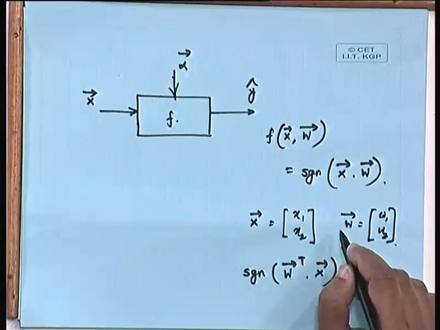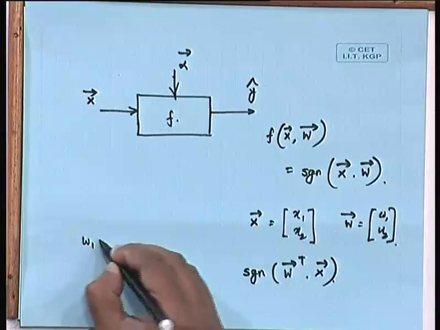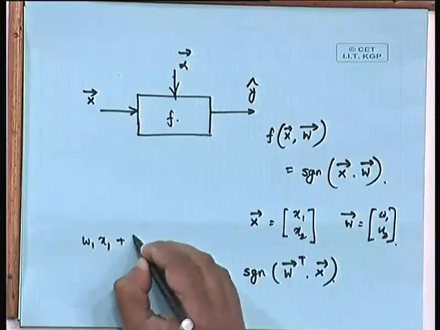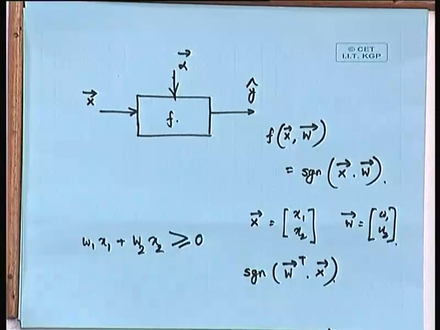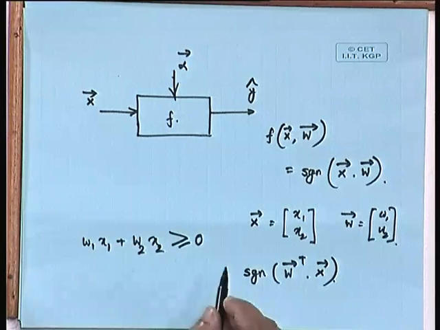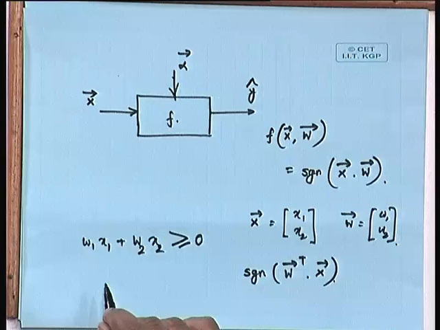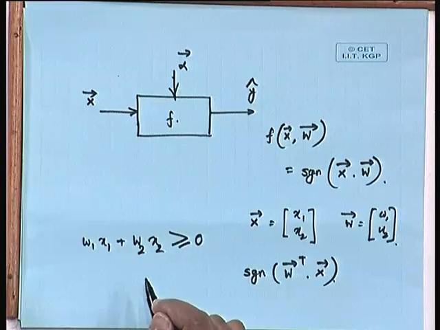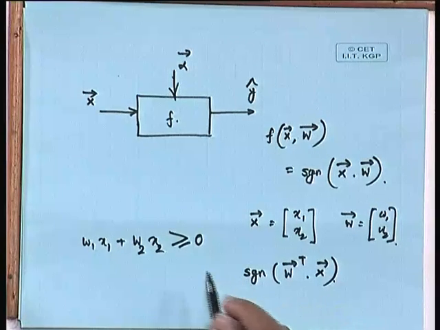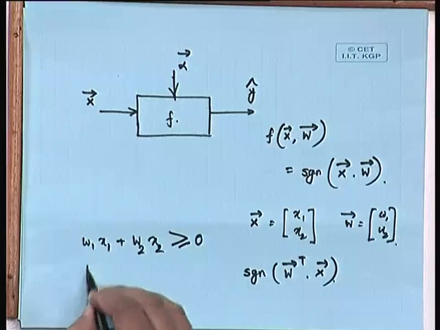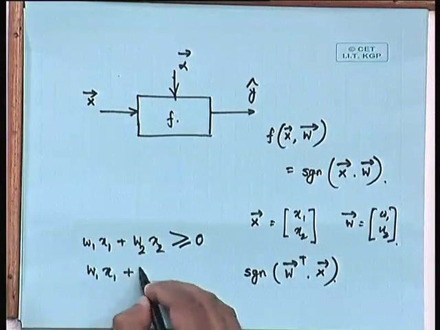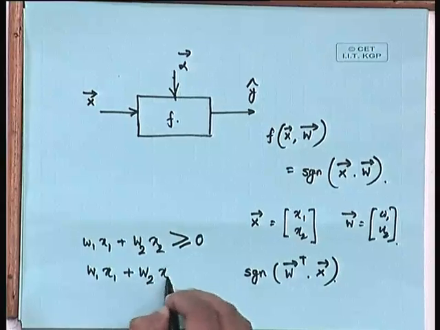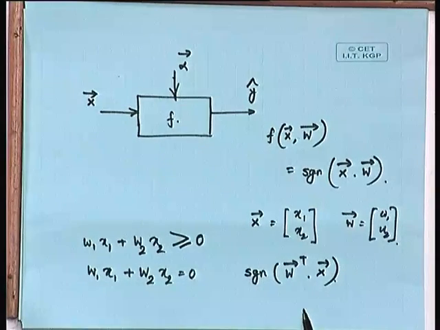Again here the decision boundary will be such that for w1 x1 plus w2 x2 greater than or equal to 0, the patterns will be classified as +1, and otherwise the patterns will be classified as -1. So the decision boundary is the equation w1 x1 plus w2 x2 is equal to 0.